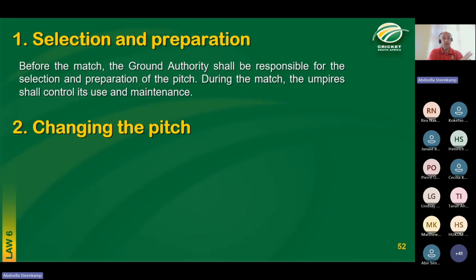Toss will take place at 9:30. We have a 10 o'clock start, so once that toss takes place, the umpires are in control of the use of the pitch and the maintenance for the 5 days that the test match is going to be played over.